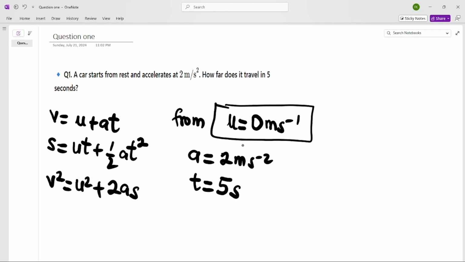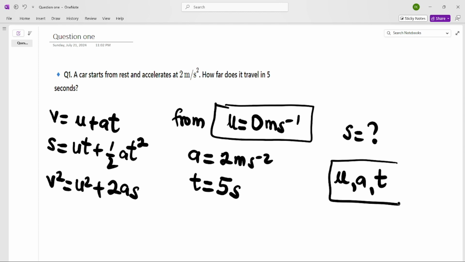From this alone, they are looking for how far it travels, so they are looking for distance. They are actually looking for s, and they have given us u, a, and t. So we need to take these three things that they have given us into the equation and see which of the equations we can use.